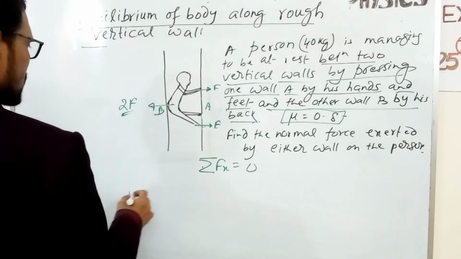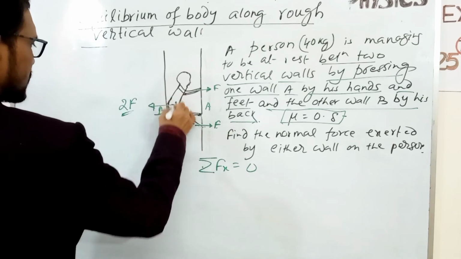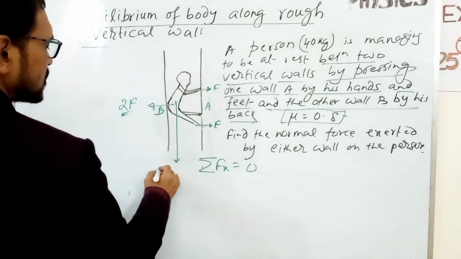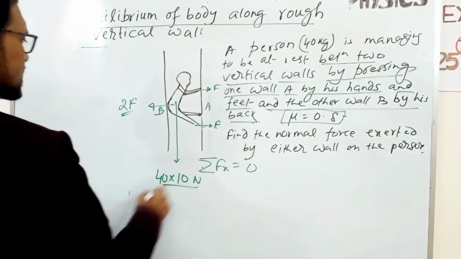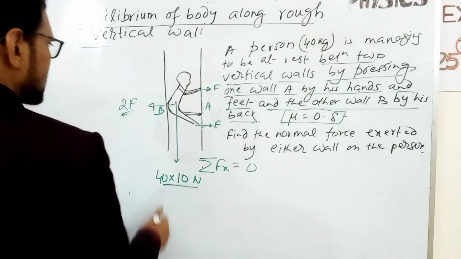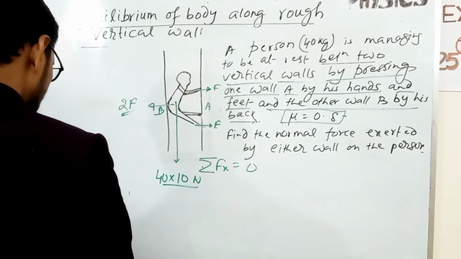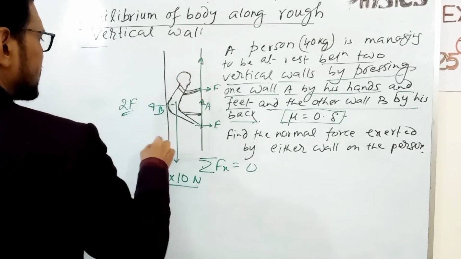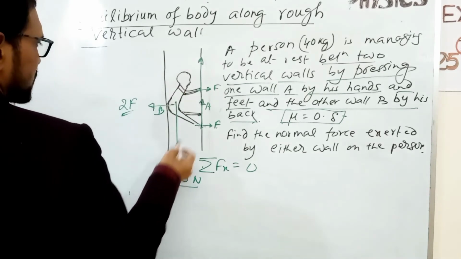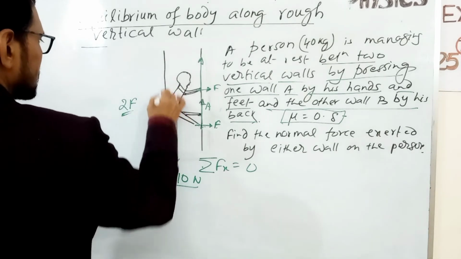Now what is the weight of this man? Weight of the man is mg, which is equal to 40 into g, 10, so 400 Newton acting vertically downward. Now the friction force acts in this direction and prevents the man from sliding down.